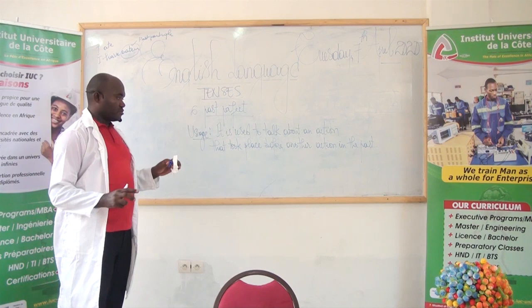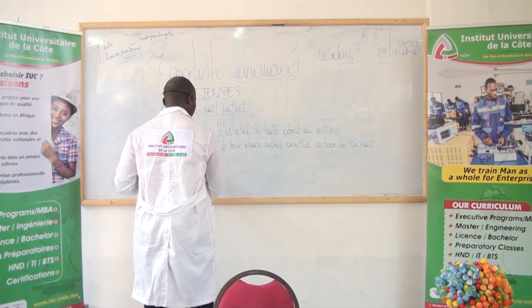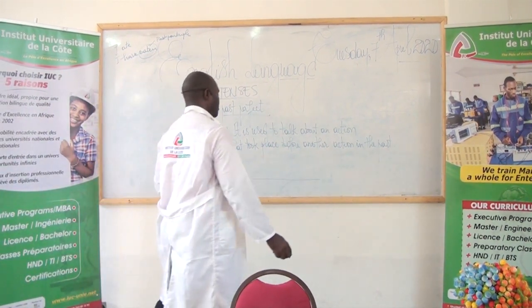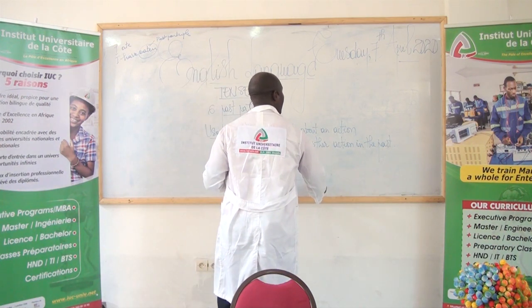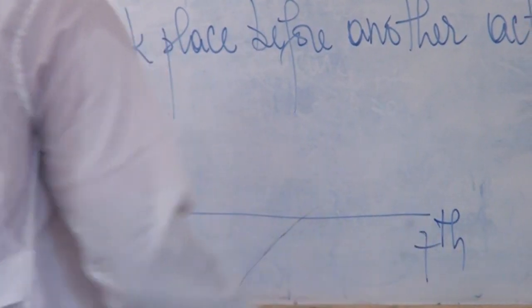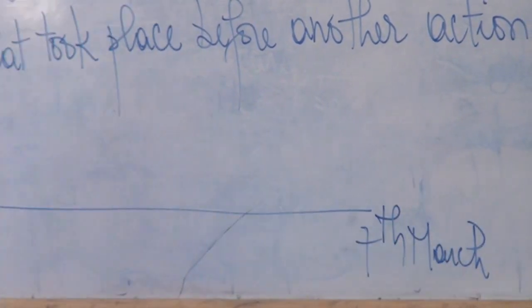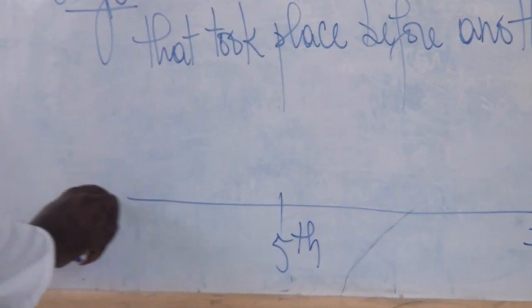Okay, let us try to sketch it so that we can better understand. Here for example, we are on the 7th of March. Here we are on the 5th of March.